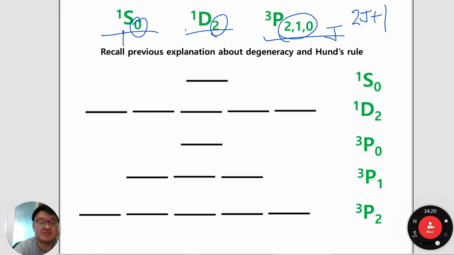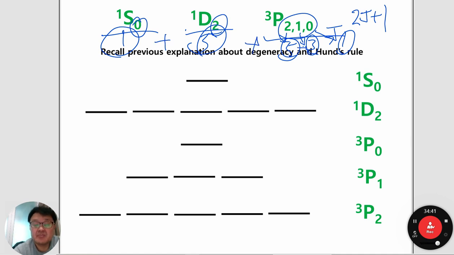You have degeneracy of 1, you have degeneracy of 5, and you have degeneracy of 5, 3, and 1, okay? So 1, 5, 5, 3, 1. If you add them all up, 1 plus 5 plus 5 plus 3 plus 1, then it becomes exactly 15.